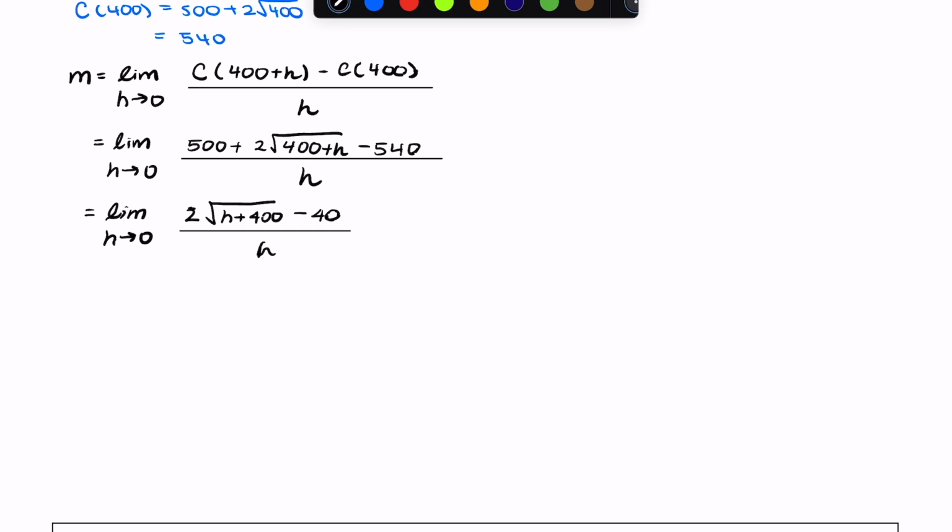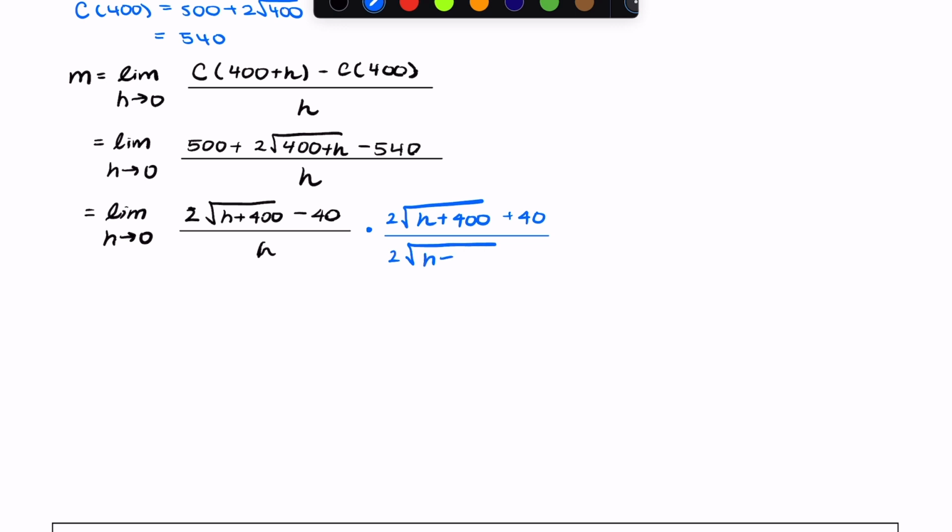Here we multiply by the conjugate radical, which is 2 square root of h plus 400, plus 40. What we do to the numerator, we do to the denominator, so we multiply the bottom by the same.